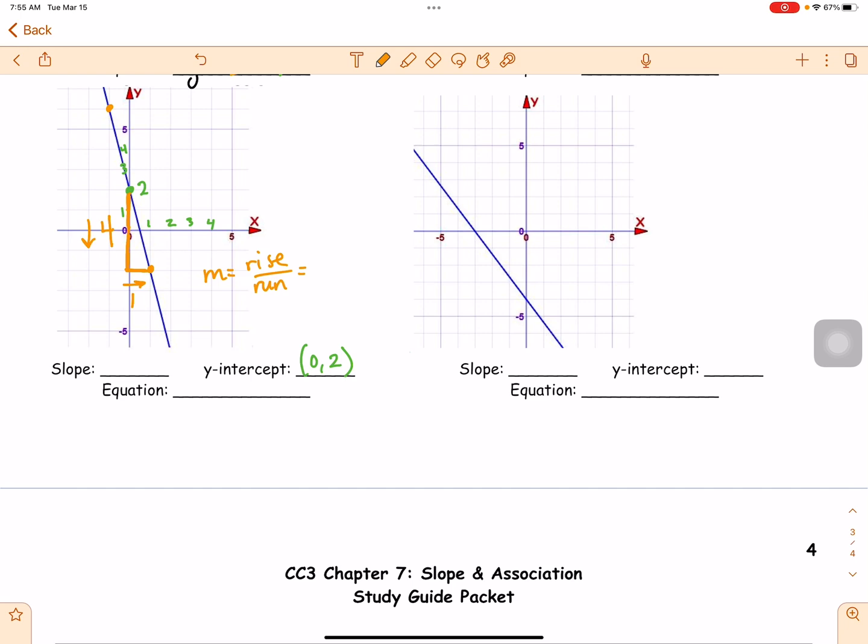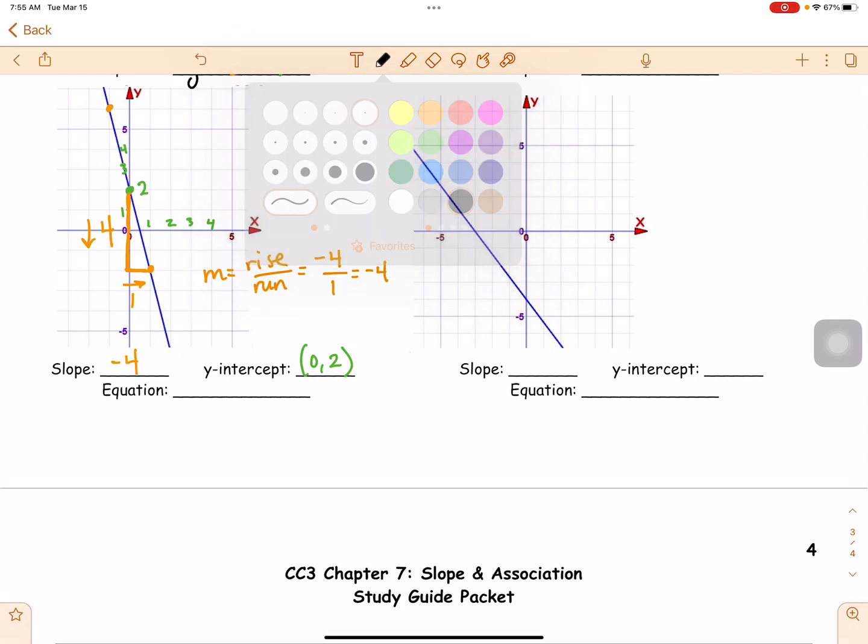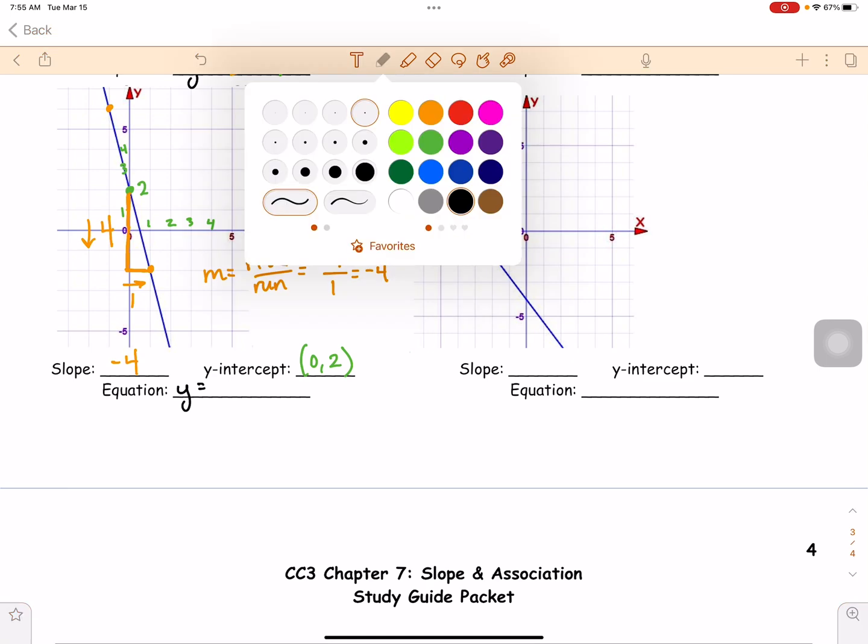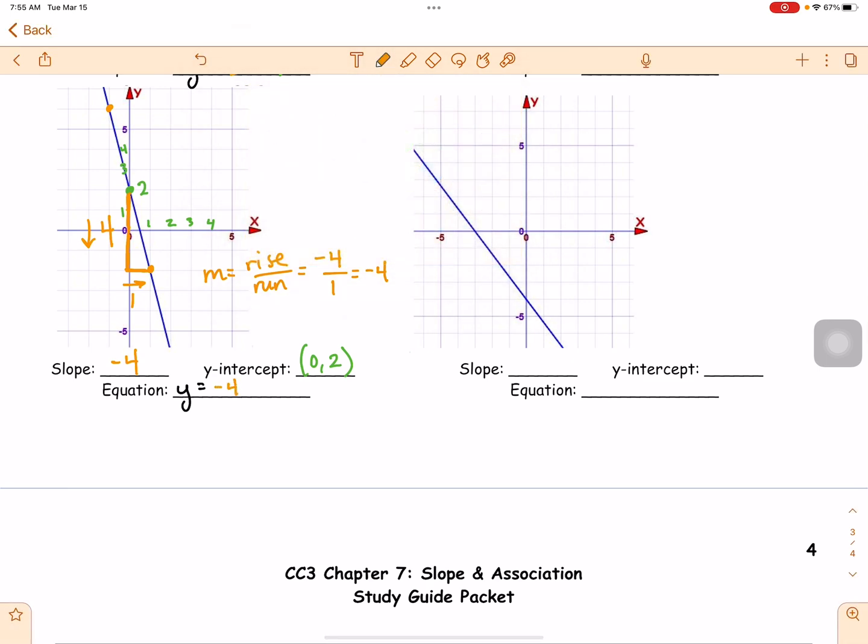So my rise was -4 because I went down, over 1 for the run. Okay, so -4 divided by 1 is -4. So my equation here will be y equals -4x plus 2 for my y-intercept.